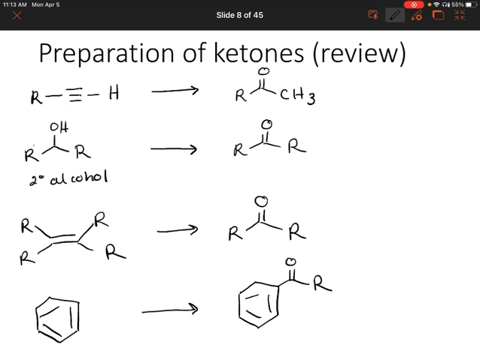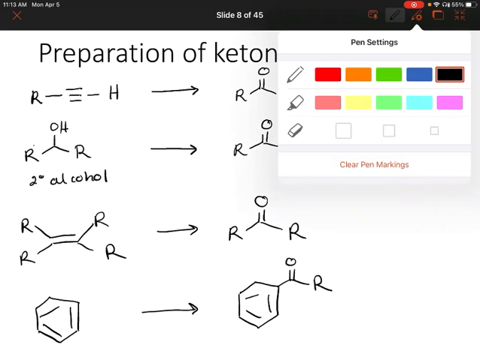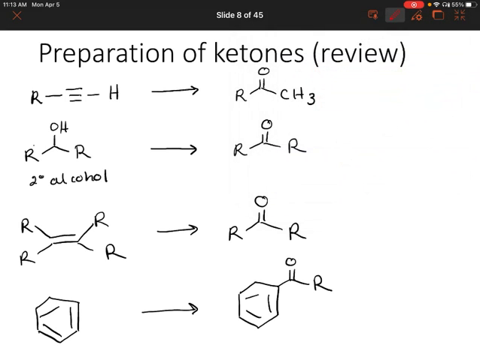All right, let's start at the first reaction. Again, we have a terminal alkyne, and we're converting that into a ketone. So let's take note of how many carbons we have here. We have 1, 2, 3. Let's transfer that over to our starting material: 1, 2, 3. And it looks like the ketone has been added to carbon 2. So would that be Markovnikov or anti-Markovnikov addition?